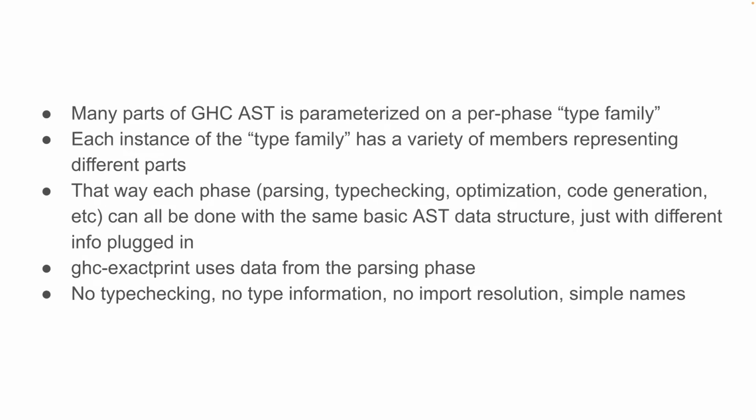And so you have the tree that has no type checking, no type information, no import resolution, just simple names, simple qualification. So you work with what you have in one module at a time. This approach lets you make straightforward transformations, but if you have a type defined somewhere else, it doesn't know what that means. The names in the source are the names you have to work with.